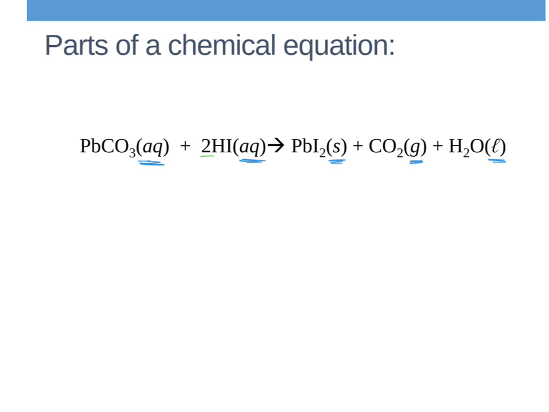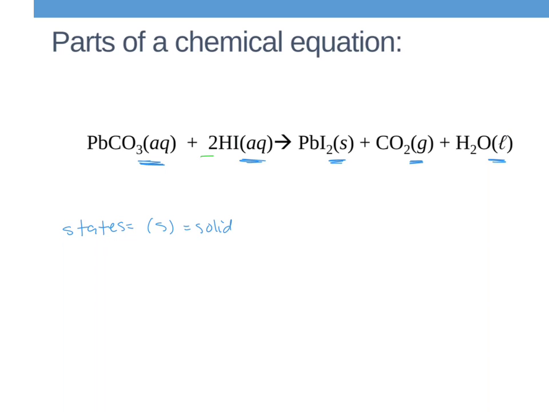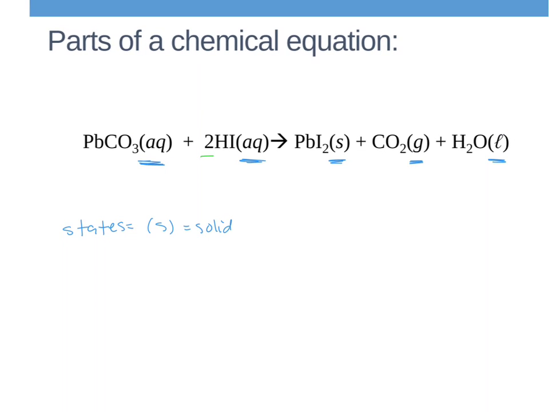But these are supposed to be the states. All this stuff in blue is the state. And the states just tell you what state that reagent is in at the time. They stand for something. So S, as you might guess, stands for solid. This scripty L stands for liquid.